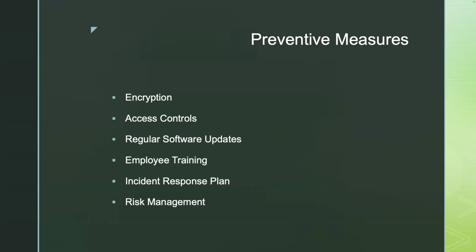Implementing access controls is also an important tool in preventing data breaches. A couple examples of this are implementing multi-factor authentication and having least privilege access, which is a security principle that restricts user access to only the resources and permissions required for a user to perform their job duties.